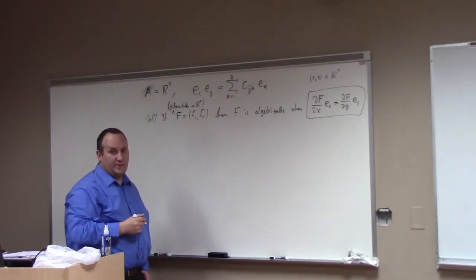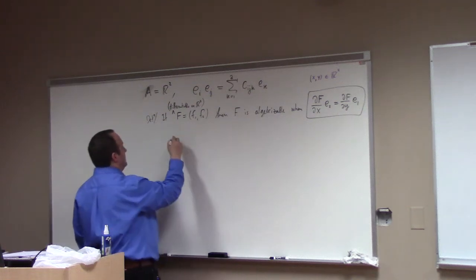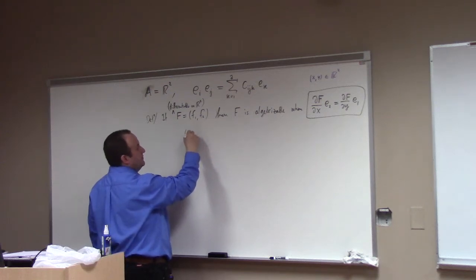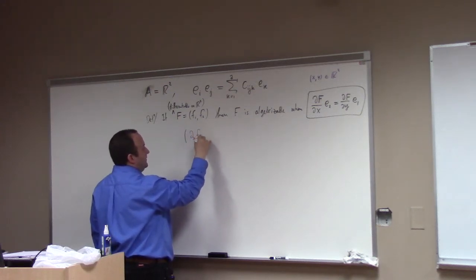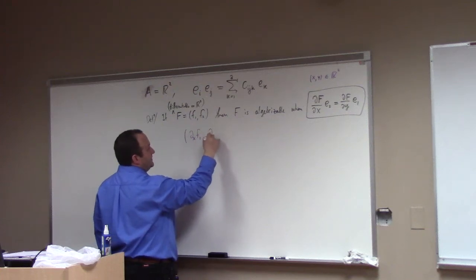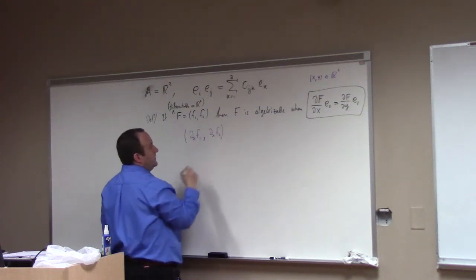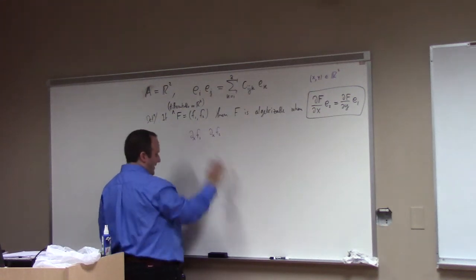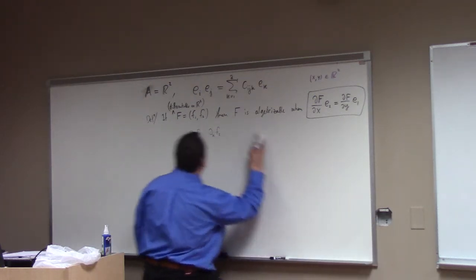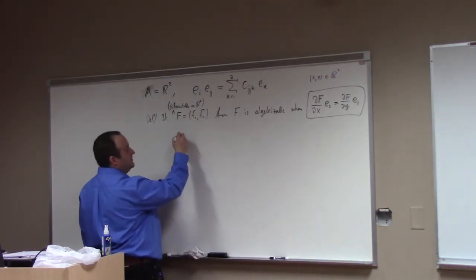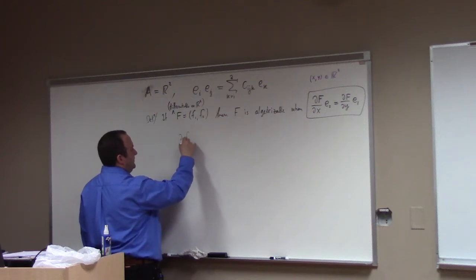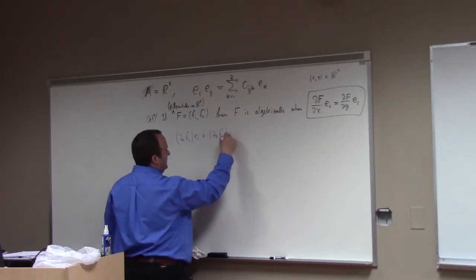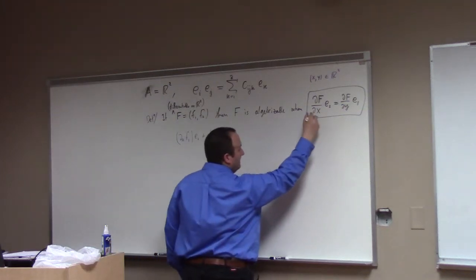If you look at them at the component level, what does it say? In this notation, what we've got is partial x of F1, comma, partial x of F2. And maybe I should really write that. Sorry, I need to hurry a little bit, otherwise we're not going to get to the point. Partial x F1 e1 plus partial x F2 e2, that's what this is, right?